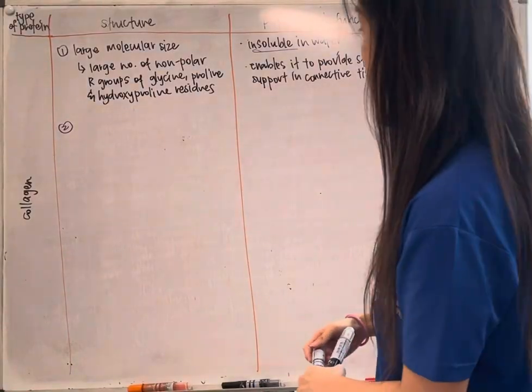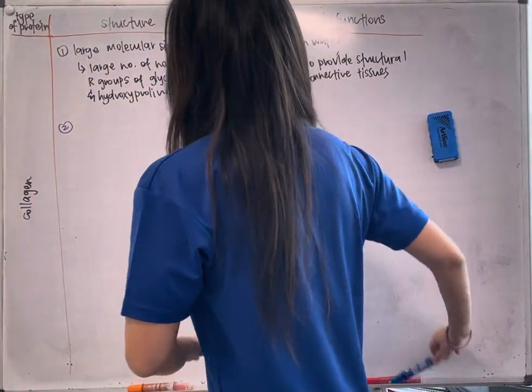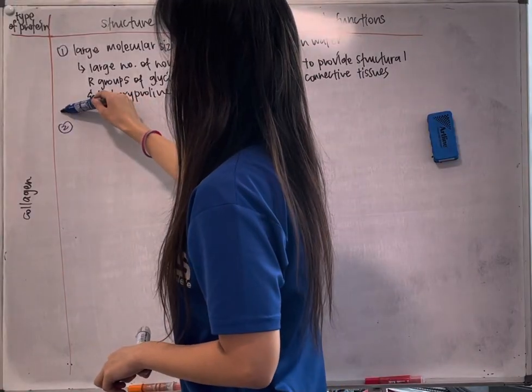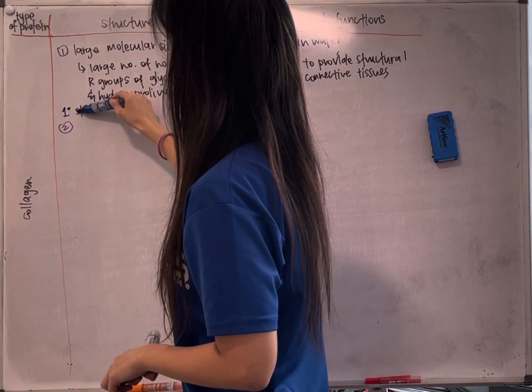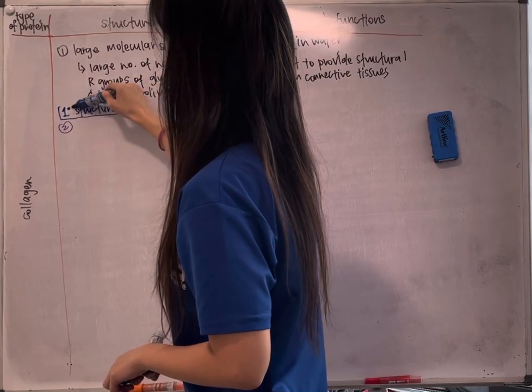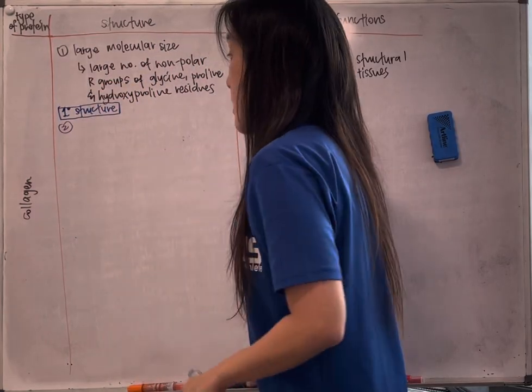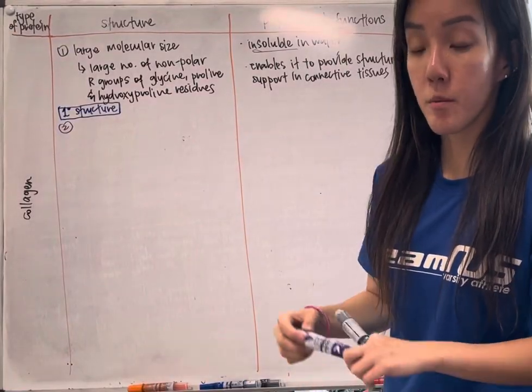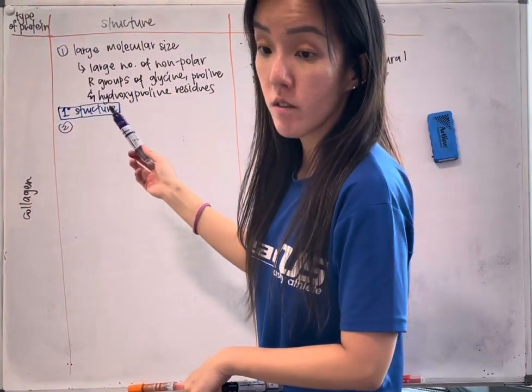Okay, next one. I want to focus on the primary structure first, because you know there's primary, secondary, quaternary. So what is the primary structure of this?